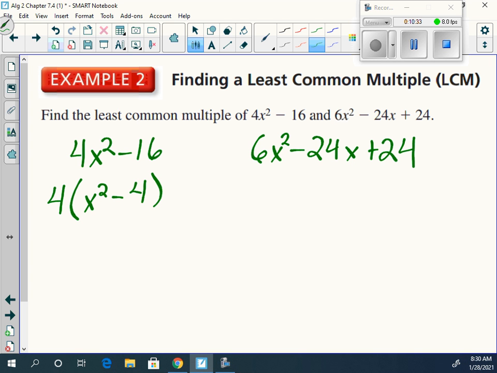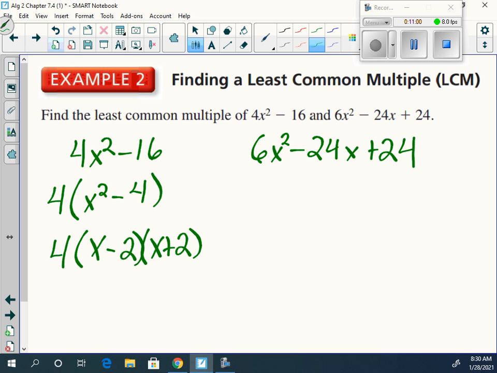X squared minus 4 is still a difference of perfect squares, yes? So now we can do the difference of perfect squares, which would leave us with what? X minus 2 and x plus 2. So this here is all the way factored down, and this is the one we're going to look at when we start looking for least common multiple.